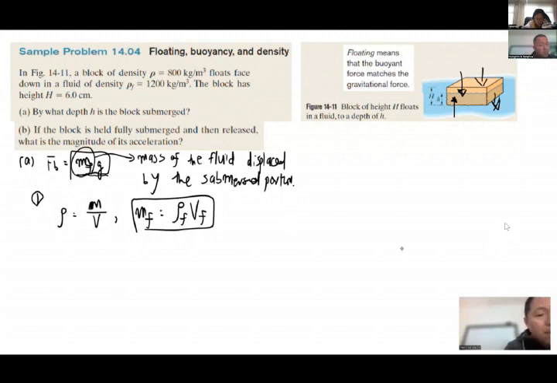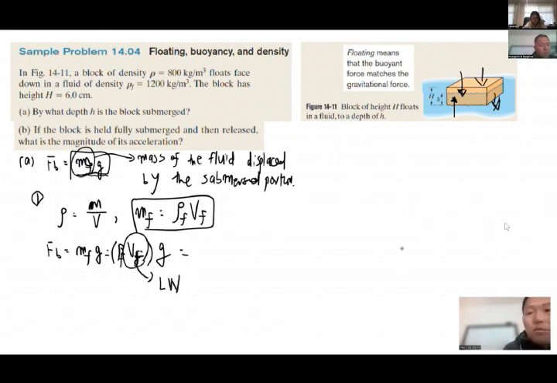So the buoyant force F_b equals m_f times g, which is rho_f times the volume of the fluid displaced times g. This volume is the block's face area, so L times W, where L is the length of the face of the block and W is the width, times the submerged depth h.